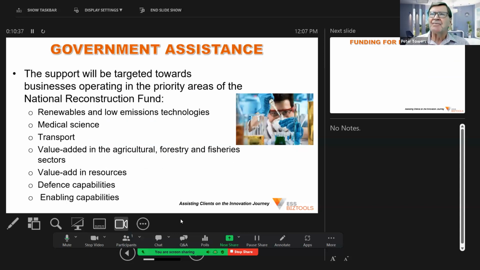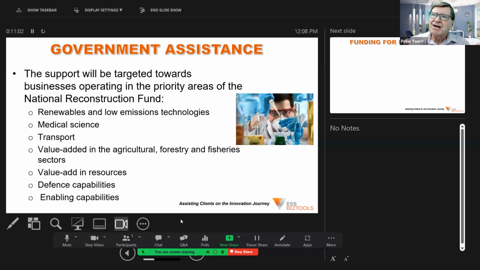So the areas that are mentioned on the internet are renewables and low emission technologies, medical science, transport, value added in the agricultural, forestry and fishing sectors, value add in resources, defence capabilities, enabling capabilities.